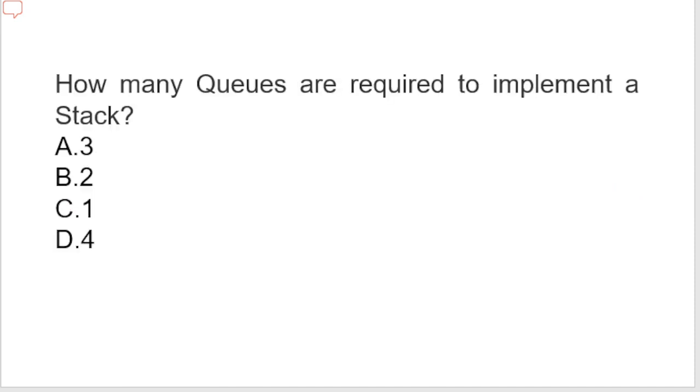Okay guys, next is: how many queues are required to implement a stack? Options are 3, 2, 1 and 4, and the correct answer is option B, because one queue is required to perform the push operation while the other queue is used to perform the pop operation.